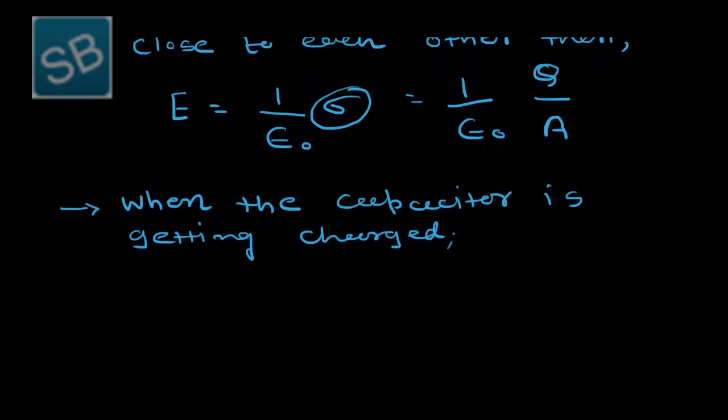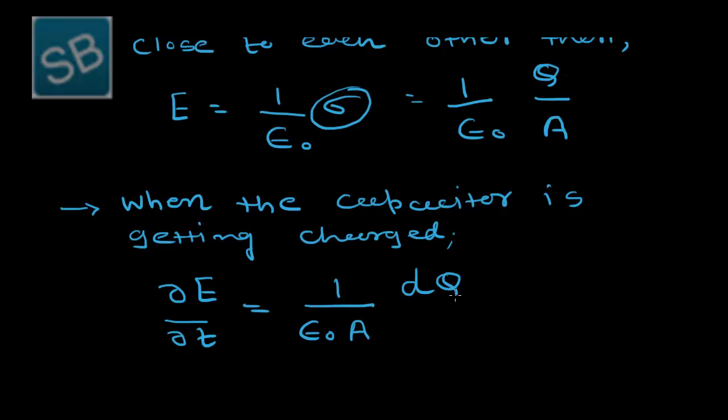So at this time, I can differentiate this equation. So del E by del t, and this is what? The differential equation we are going to find out is equal to 1 over epsilon 0, which is constant, and area remains constant. So it is del Q by del t.